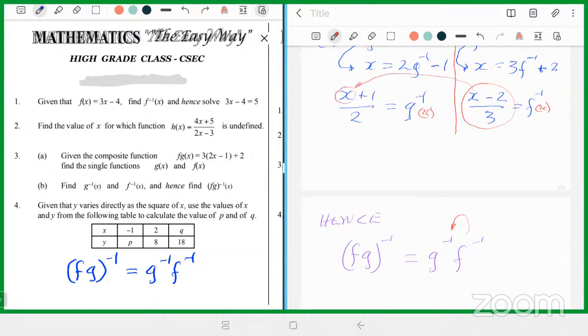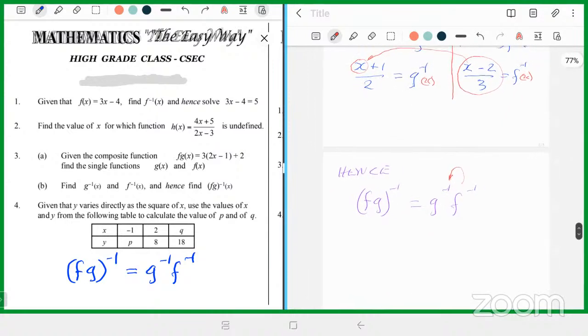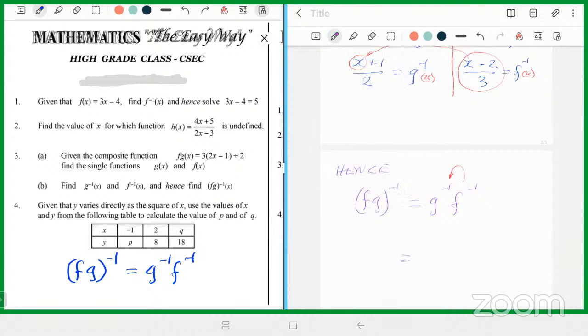So that result is going to be: where the x is, we put in all of the f to the minus 1, which is x minus 2 over 3, put back the plus 1 beside it, and then everything is being divided by 2. And that is it.